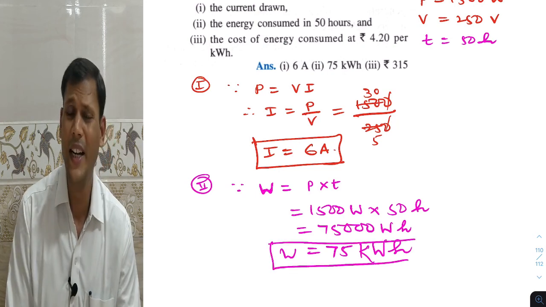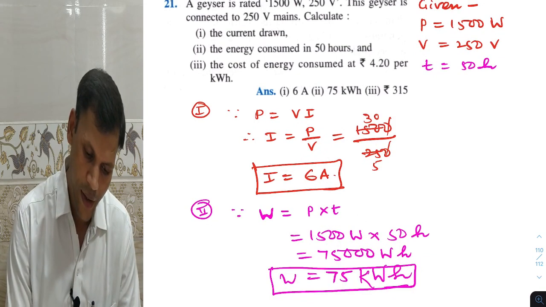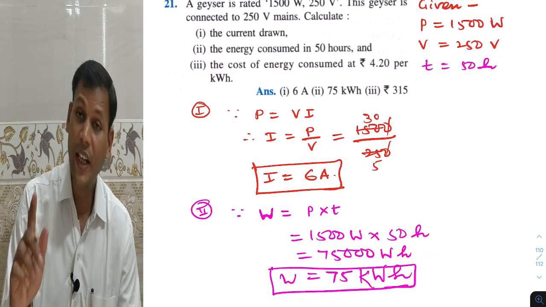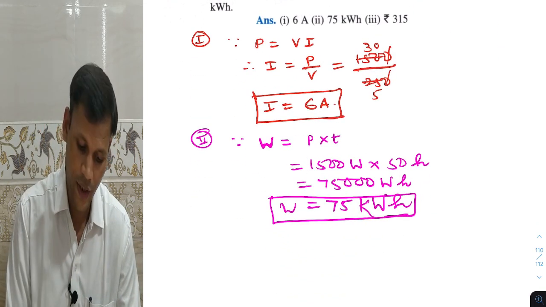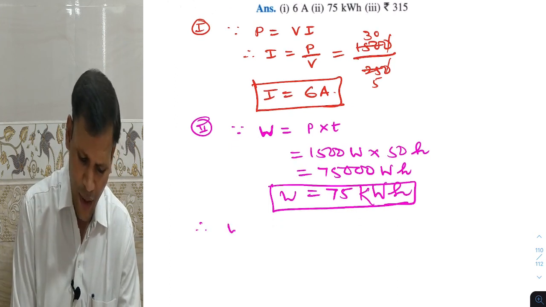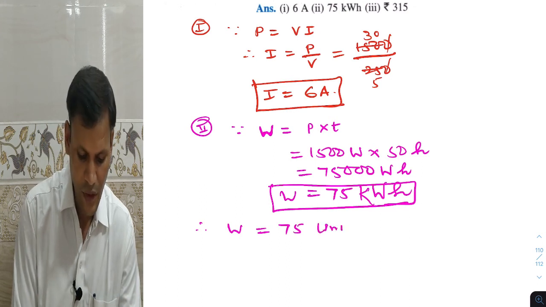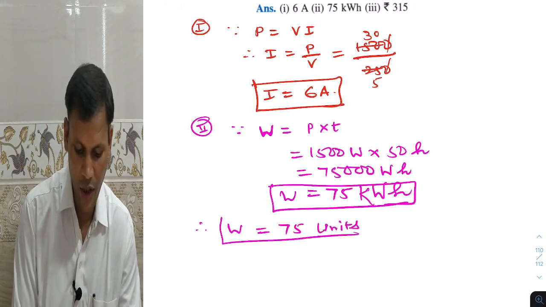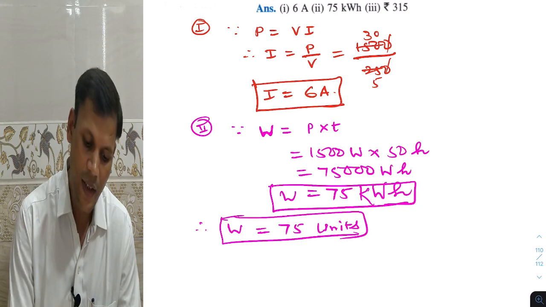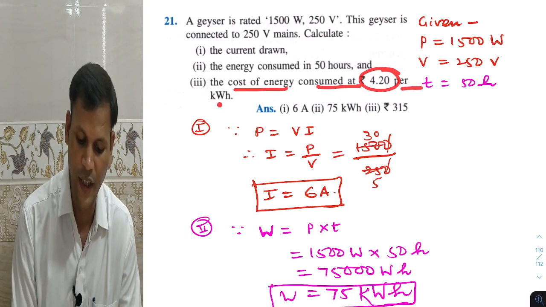Next, we can write in terms of joule also, no problem. Now 1 kilowatt hour is 1 unit. So W can also be written as 75 units for calculation of the bill or the cost. Now the third part, the cost of energy consumed at 4.20 per kilowatt hour, means per unit.